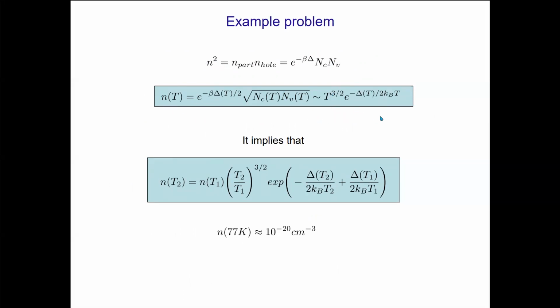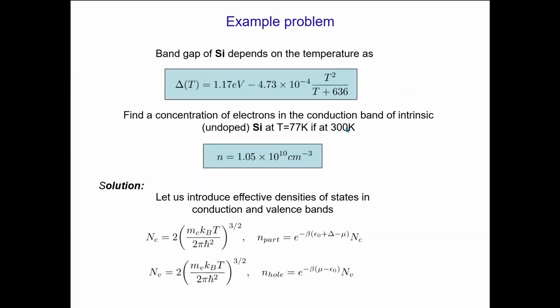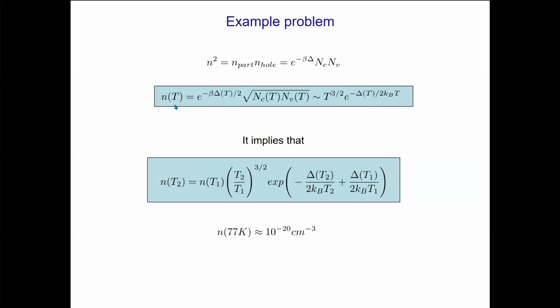Now the question asks, if we know it at one temperature T2, 300 kelvins, what would be that concentration at temperature T1, 77? For that, we write down these two expressions for T1 and T2 and divide them. As a result, the ratio of the two concentrations for T1 and T2 will be a ratio of the two right-hand sides.